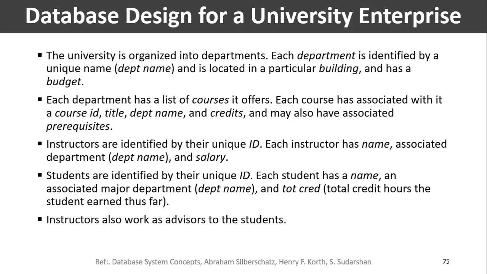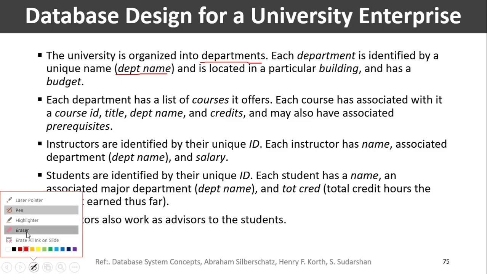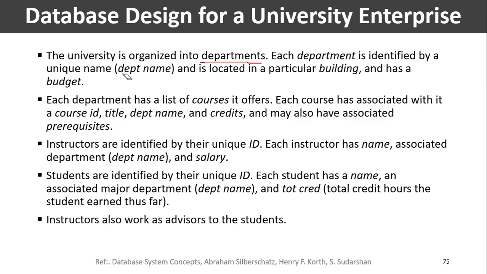So obviously we may say that department would be the entity set, right? And whatever description is provided for the department will form the attributes. So department name would be an attribute. Let us depict it in some different way.